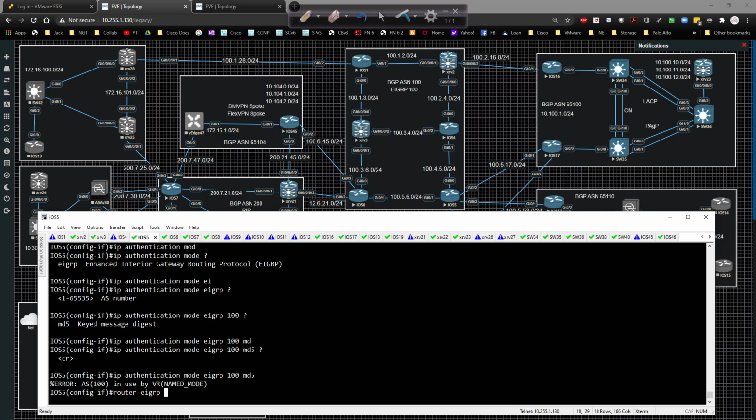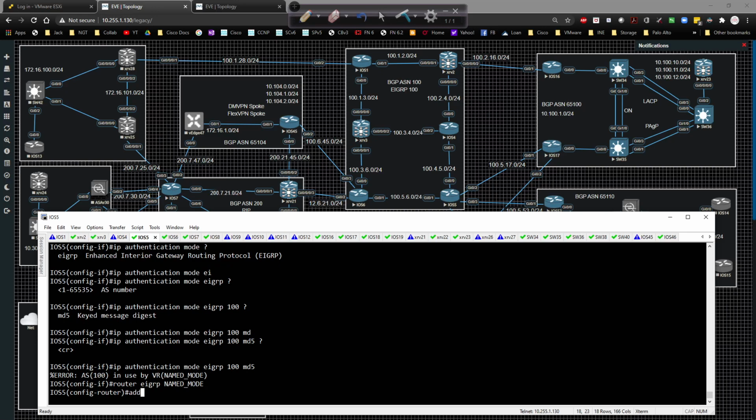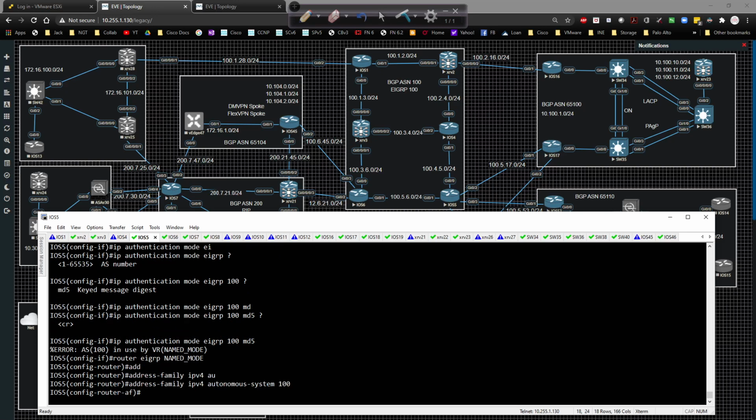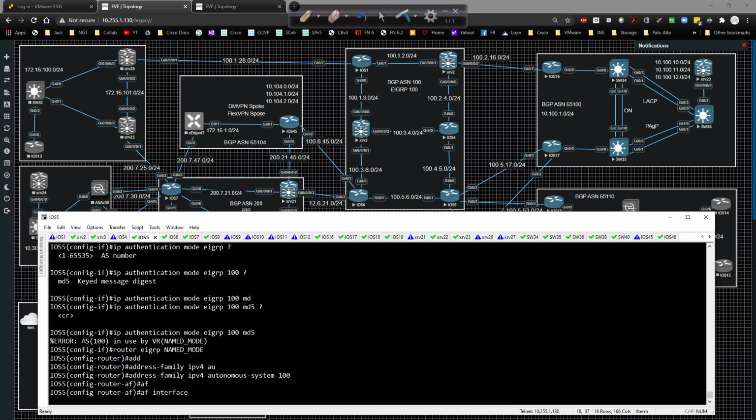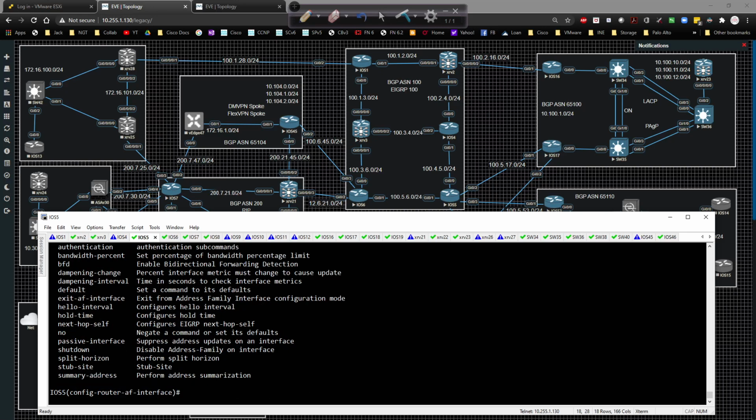Router EIGRP named mode, and then we'll type in address family IPv4 autonomous system 100. AF interface is going to be gig 0/1, and then we'll type in authentication.